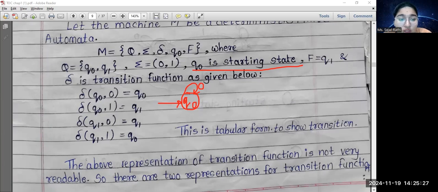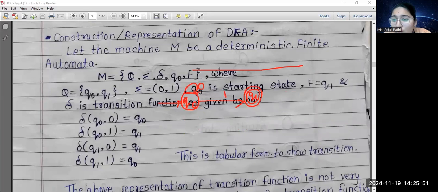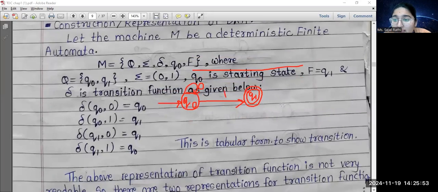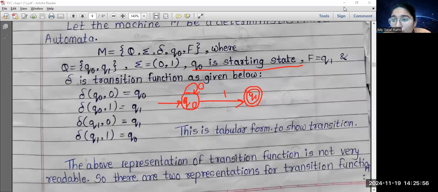Now the second one, Q0 with input 1. What is the next state? It is Q1. And as mentioned, Q1 is a final state. How do we represent the final state?